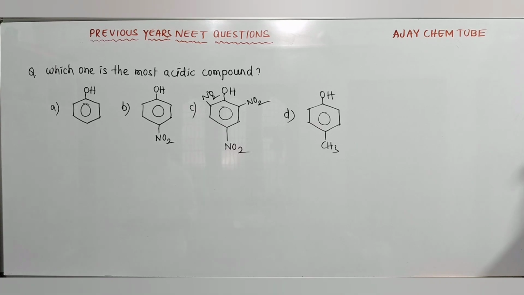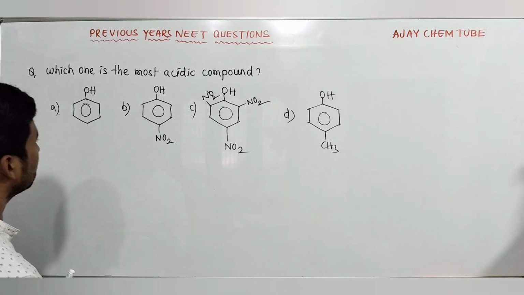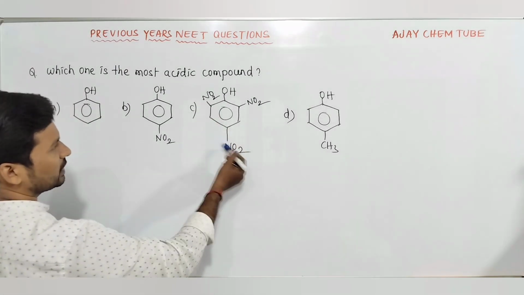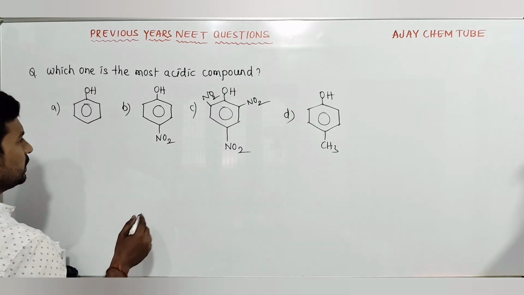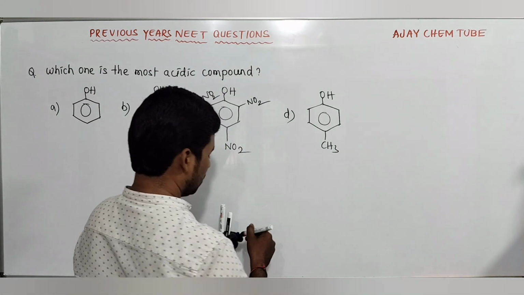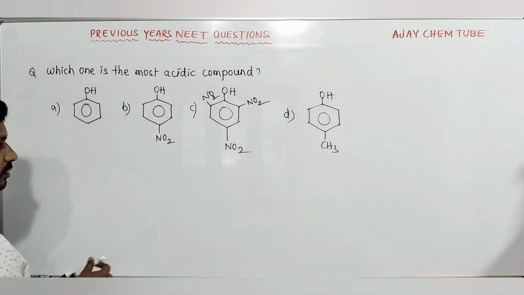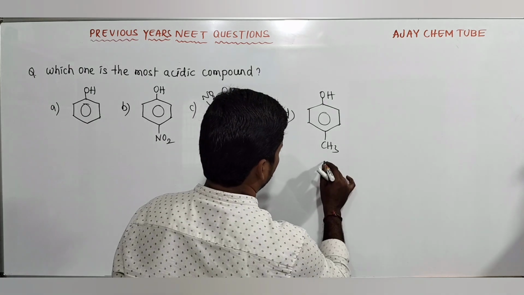Next, see this question. Which one is the most acidic compound? Phenol, nitrophenol, 2,4,6 trinitrophenol and 4-methyl phenol. Between these three, what about the methyl group? Methyl group is a plus I group.